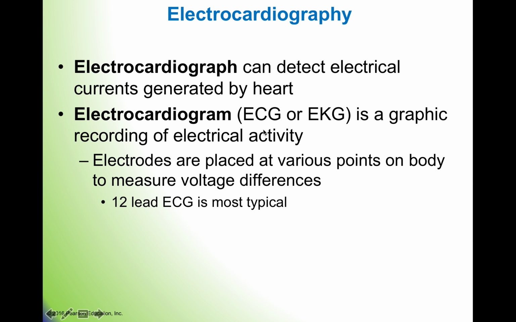Now, you do need to understand that electrical impulses created by your pacemaker, or non-contractile cells, can be detected from the surface of the skin using a machine called the electrocardiograph. It is recorded on a graph referred to as the electrocardiogram, typically known to the public as ECG or EKG. To accomplish the measurements, you use 12 leads of the ECG.